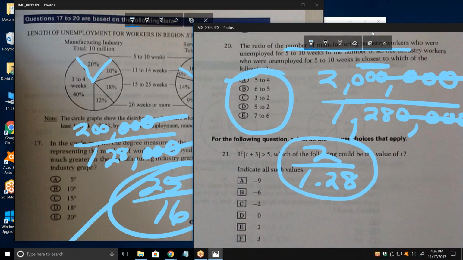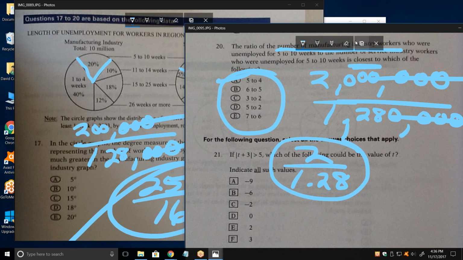Okay. I guess that's a good thing, because I can't tell you how many times this has happened to me when I'm reviewing GMAT or GRE with somebody. You're on the right track. And that is that I miss a key word. Okay, and the key word is closest. I was looking for the ratio.